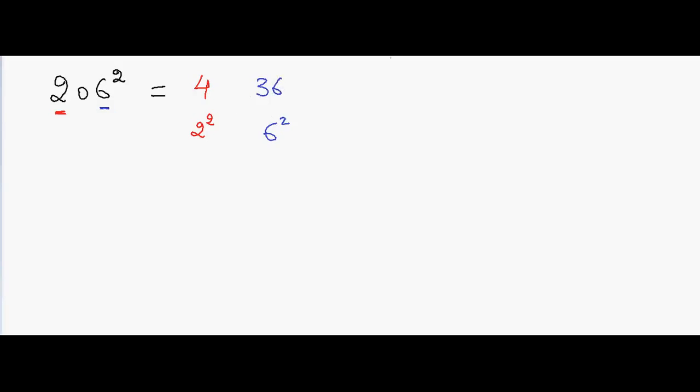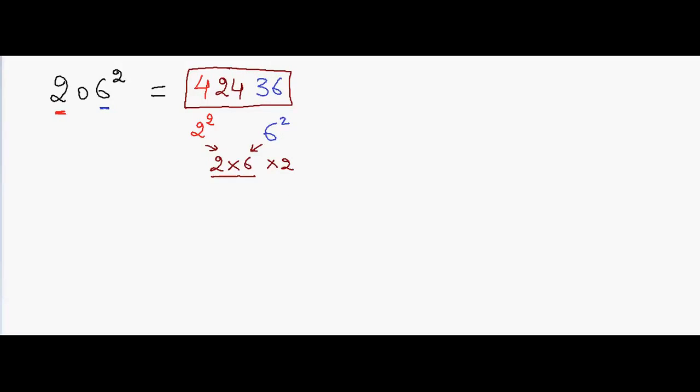And now to get the middle numbers, I'll multiply 2 and 6, and then I'll multiply again with 2, and that will be 6 into 4, 24. So that will be the answer.